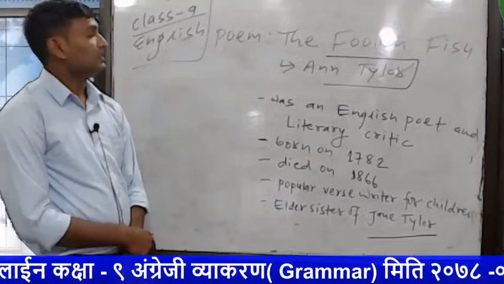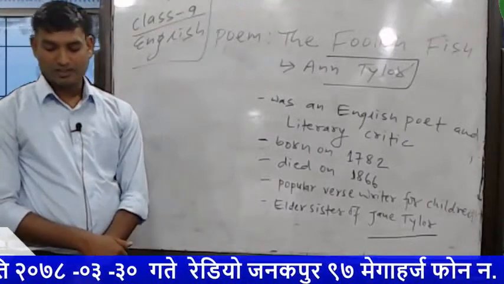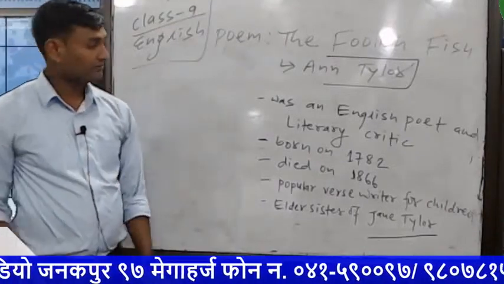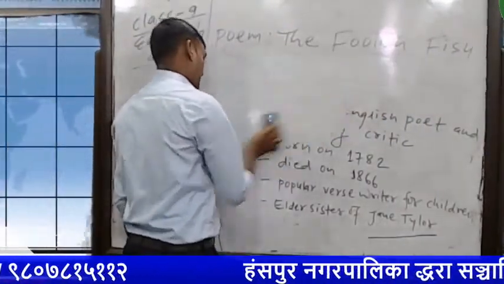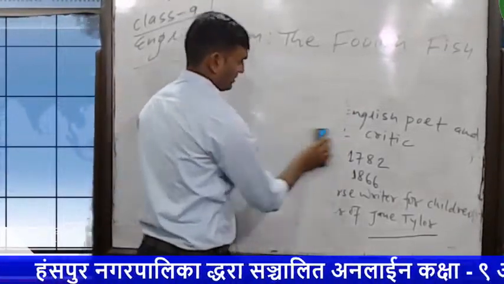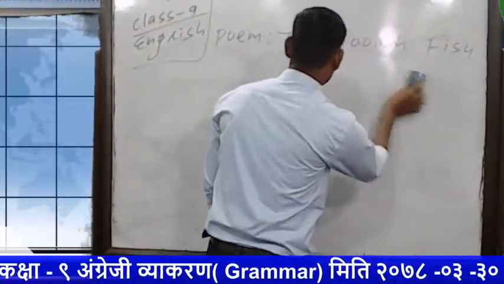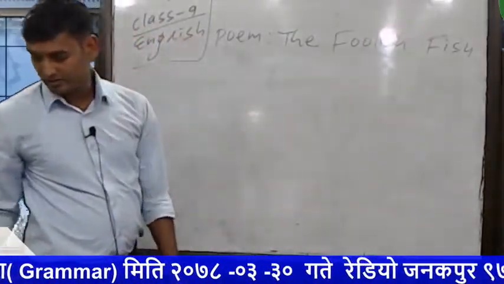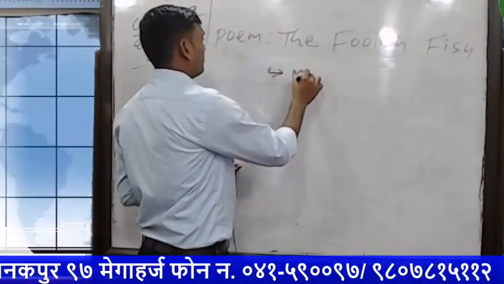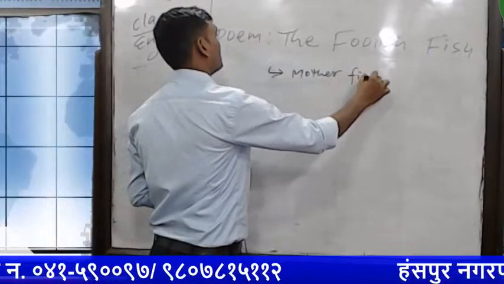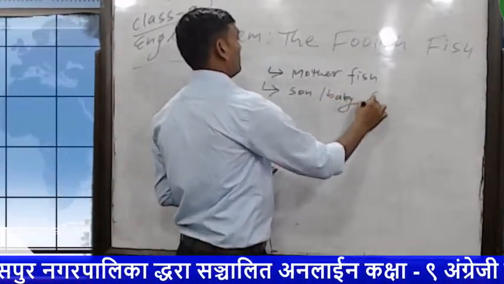unit 3. There is a poem, The Foolish Fish, and in this poem there are pictures also in our book. The Foolish Fish is a narrative poem. In this poem, there are two characters in the narrative. The first one is mother fish, and the other is son fish or baby fish.